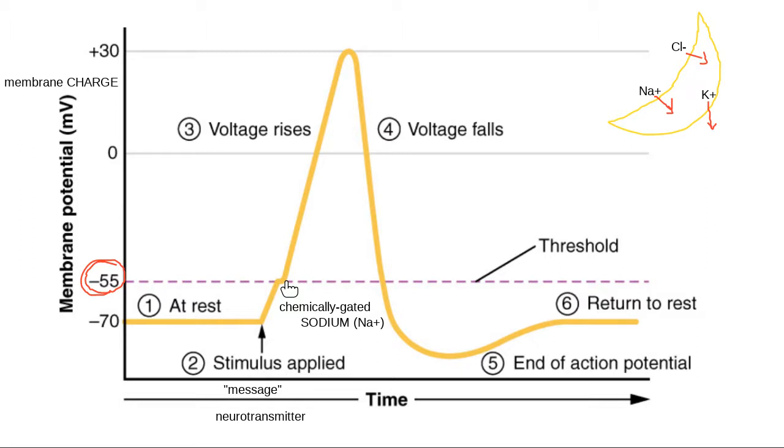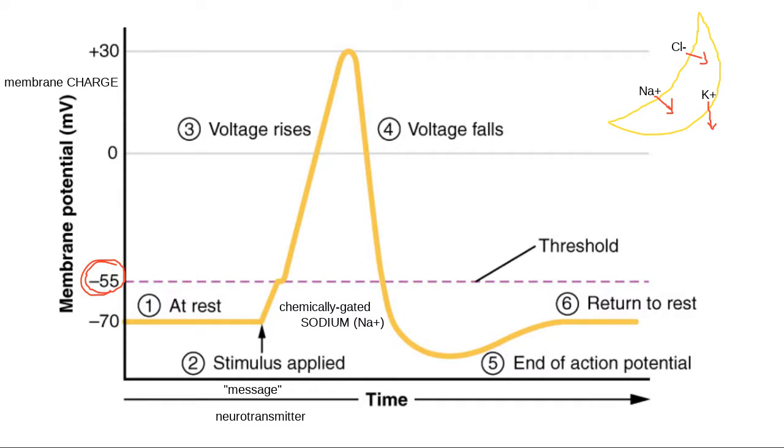So we hit -55, and at this point, my membrane charge is too wrong. My charge has freaked out. Which kind of gated channels open when the charge changes again? What kind of gate has to do with charge? Yeah, exactly.